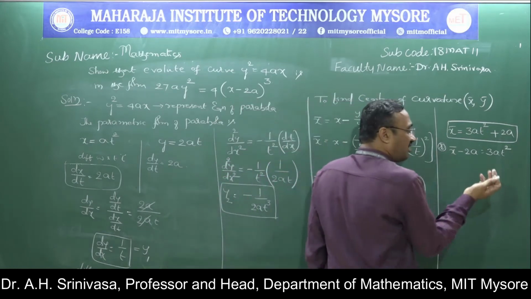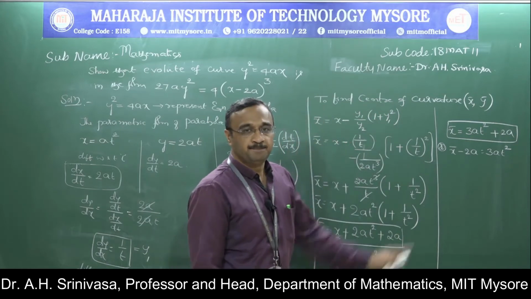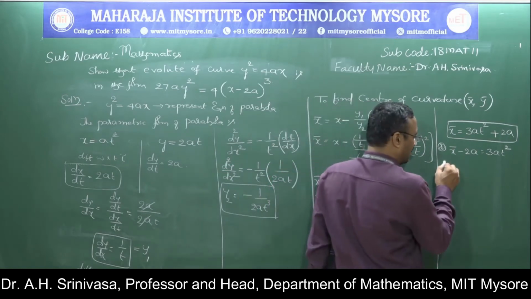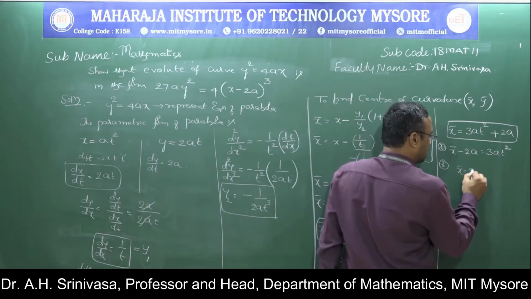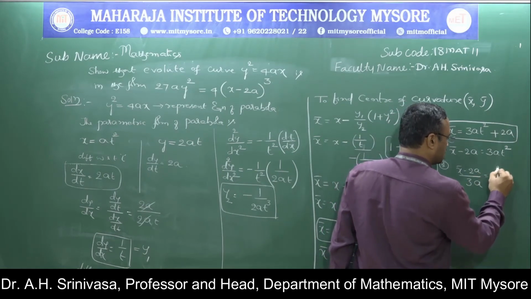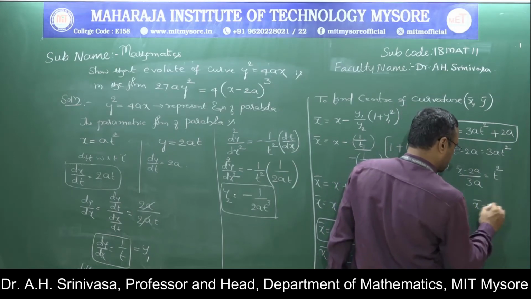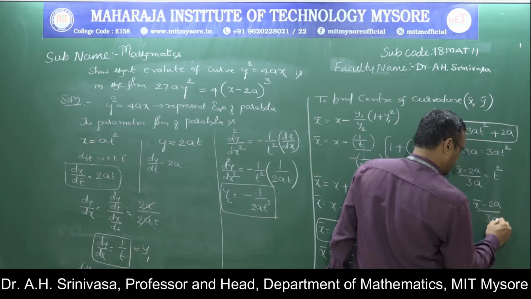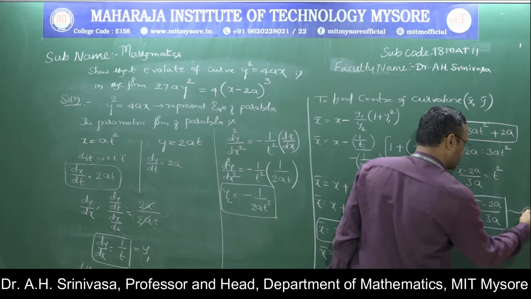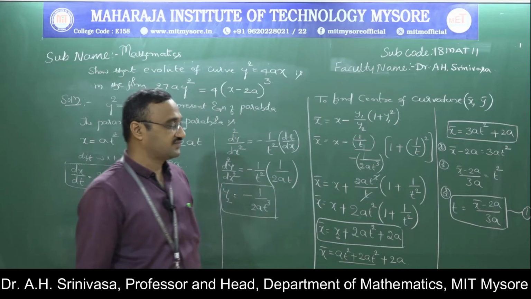Or, I want t, so we can also write x bar minus 2a divided by 3a equal to t square, or t is x bar minus 2a divided by 3a. Now call this equation number 1. This is the detailed procedure for finding the value of t.